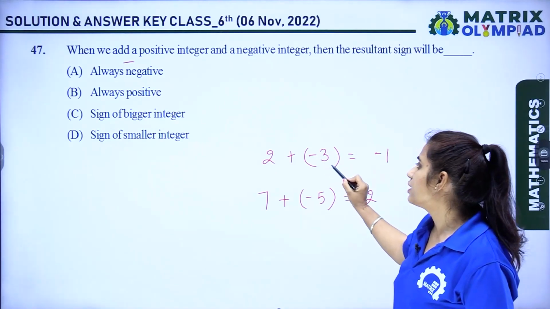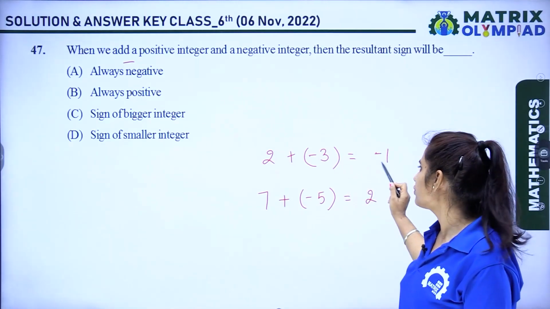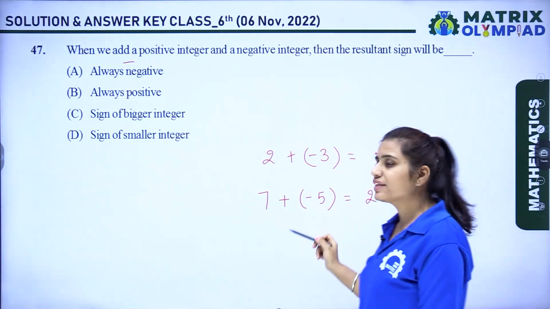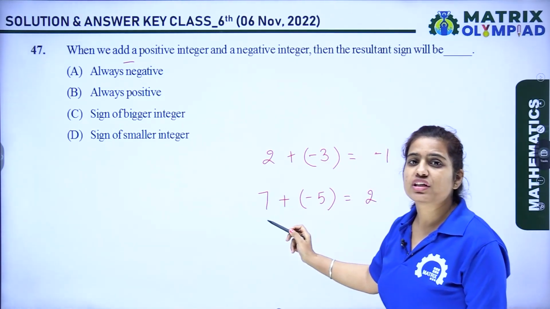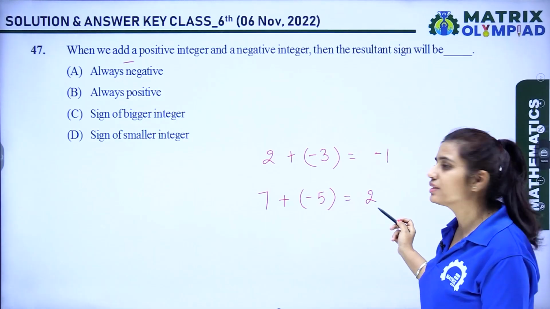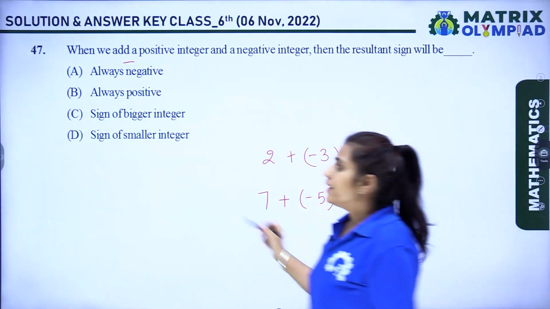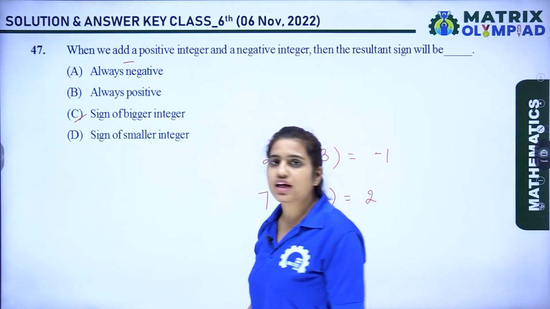Here 3 is the greater number, so we put a negative sign in the result. In the second example, the greater number is 7 and the sign of 7 is positive, so the result is positive. So we can say that option C is the correct answer.